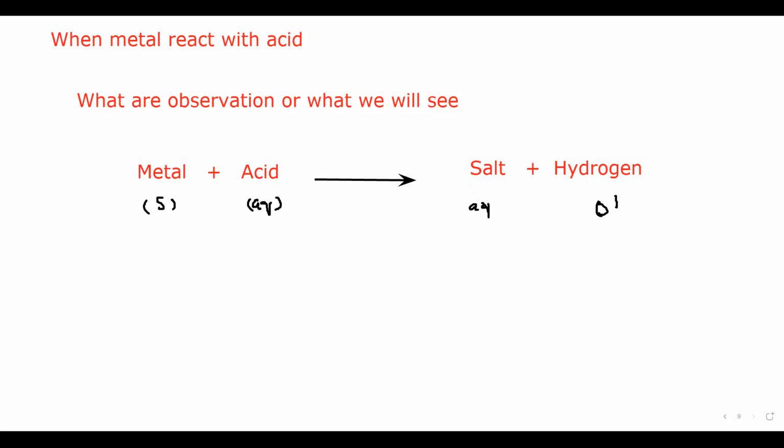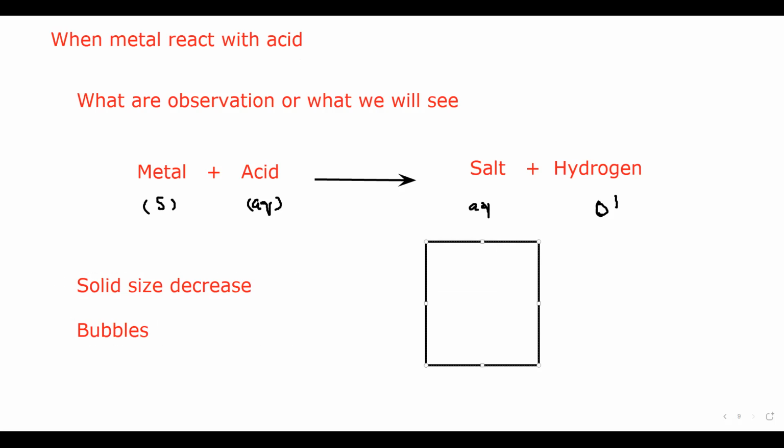So what we will see, or what are the observations? We'll see when metal reacts with acid, the solid size decreases. The solid is a metal here, and because hydrogen gas is there, we'll see bubbles. So these are the observations when acid is reacting with metal.